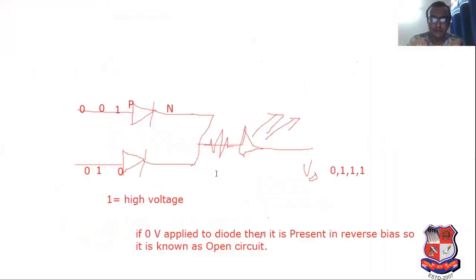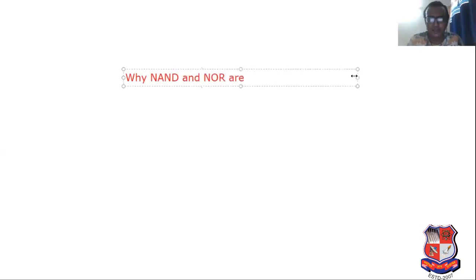What is the meaning of universal logic gate? Why are NAND and NOR known as universal logic gates? This is the most fundamental question, and this MCQ is definitely asked in the examination.